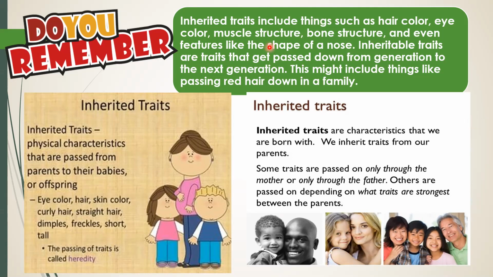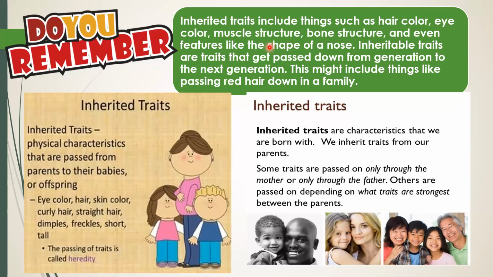For example, your hair color, your eye color, your muscle structure, your bone structure, and even features like the shape of your nose.